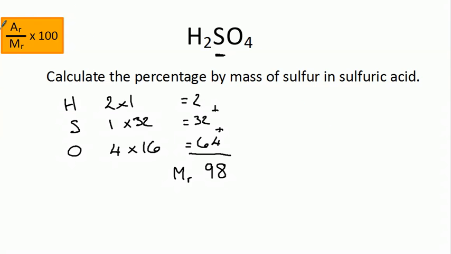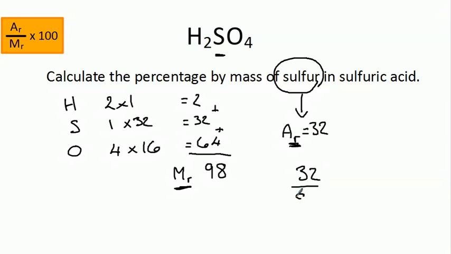Up in the top left hand corner, we've got our formula, AR divided by MR. Sulfur has an AR of 32, and we have the MR here, so we've got everything we need. 32 divided by 98 times 100 equals 32.7% sulfur.